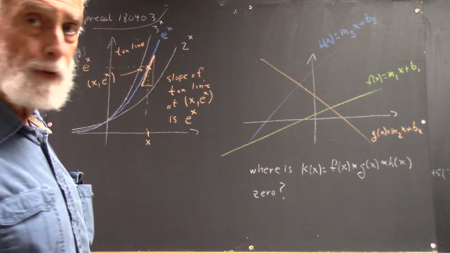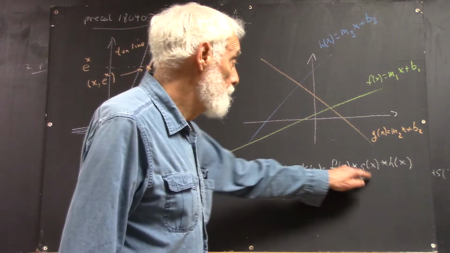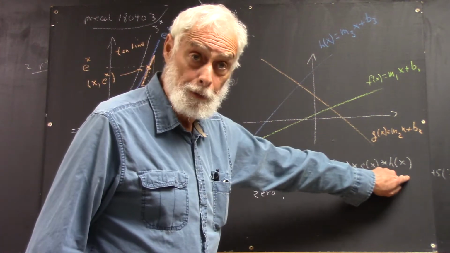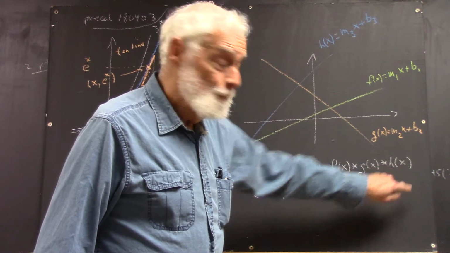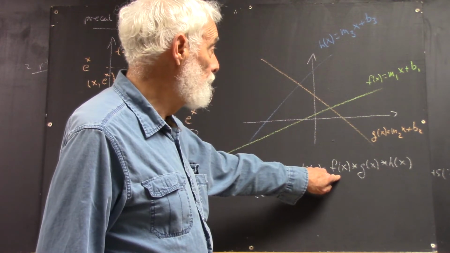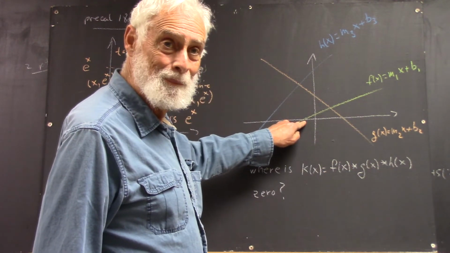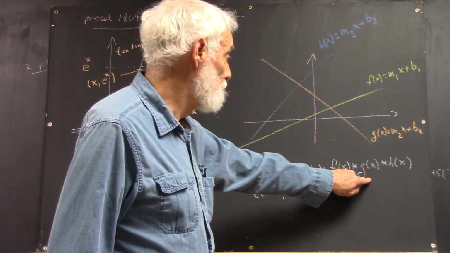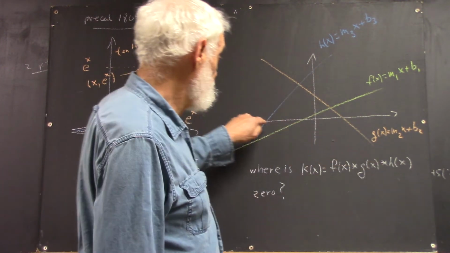Well, I wish to convince you that the only way this product can be 0 is if one of these is 0, right? Okay, well, where is f of x 0? Here. Where's g of x 0? Here. Where's h of x 0? Here.